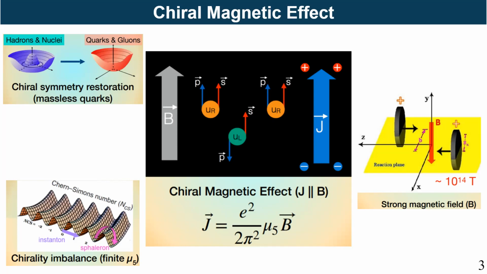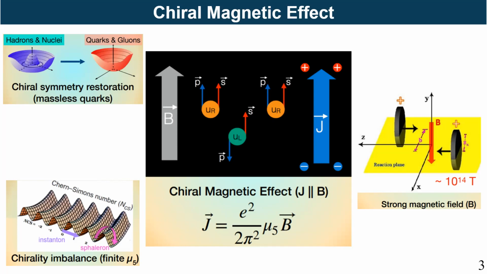If there's a vacuum transition, either through instanton or sphaleron, then during this process quarks can obtain some finite chirality, through the so-called chiral anomaly. I will skip the details, but through the vacuum transition, we can have a finite chirality for quarks, and that means μ5 can be non-zero.